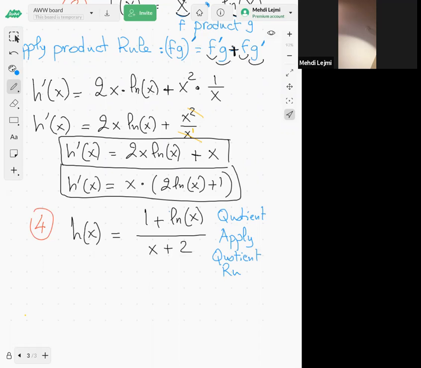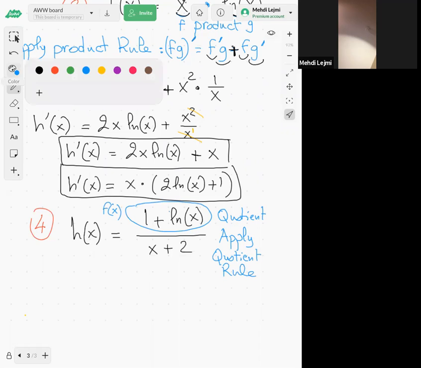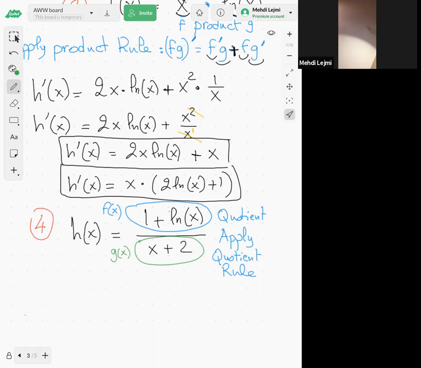All right, so the top would be my f of x, and the denominator will be my g of x. And so the quotient rule, the derivative of f over g, so h prime of x, will be f prime times g minus f times g prime, over g squared.